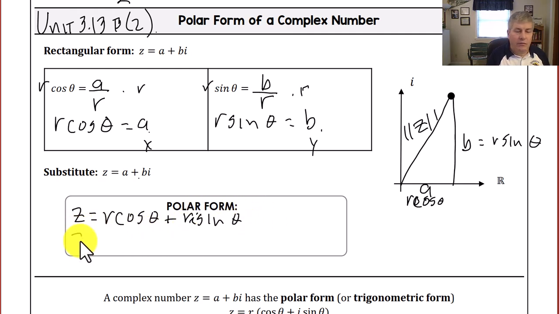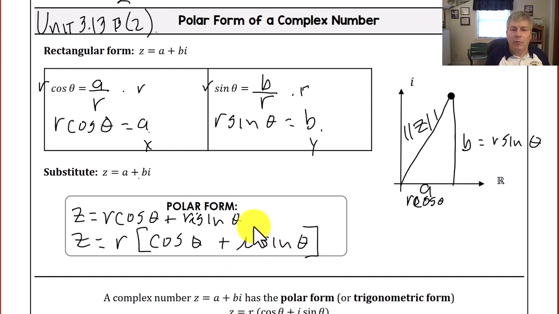If we factor out the r, we get z equals r times cosine of theta plus i sine of theta. So we'll see that called polar form or trig form.